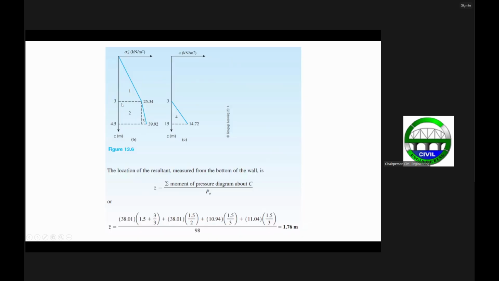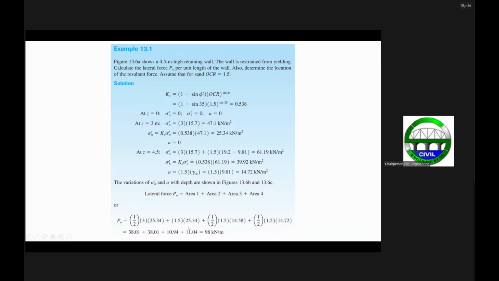Then plus the area of this rectangle, that's 1.5 times 25.34.